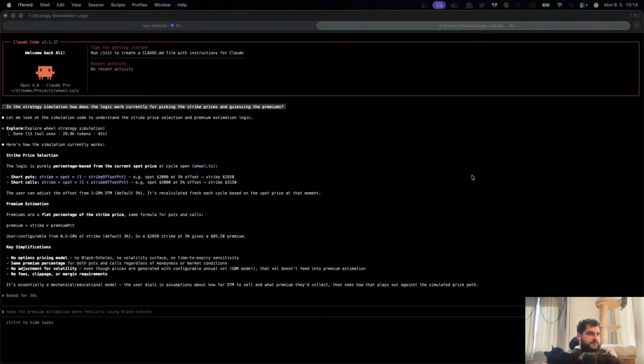Same premium percentage for both puts and calls, regardless of moneyness or market conditions. No adjustment for volatility, even though prices are generated with the configurable annual volatility. That volatility doesn't feed into premium estimation. Yeah, okay. Probably we need to improve this somehow.